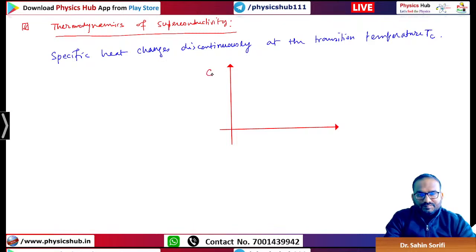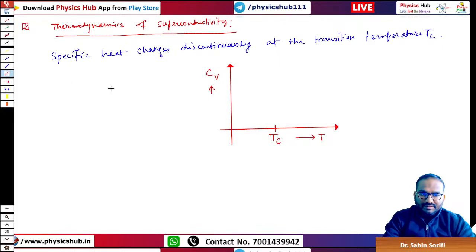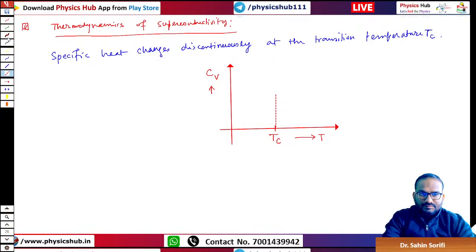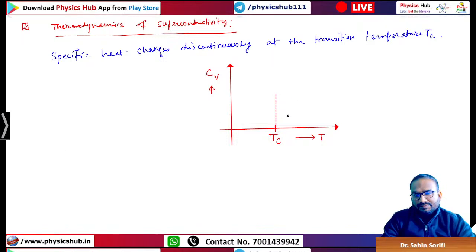So let's say you are plotting Cv versus T, and imagine this is the transition temperature Tc. Below Tc, in the superconducting state, the Cv value increases in this way.